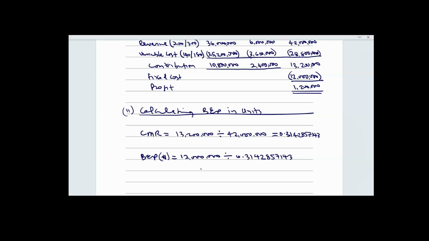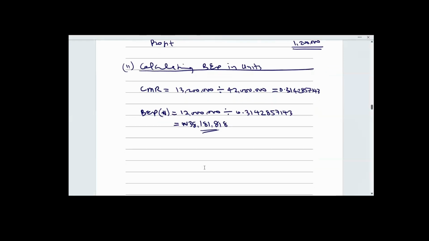From my calculation, 12 million divided by 0.3142857143 equals 38,181,818 naira. So this represents the overall break-even point in naira.